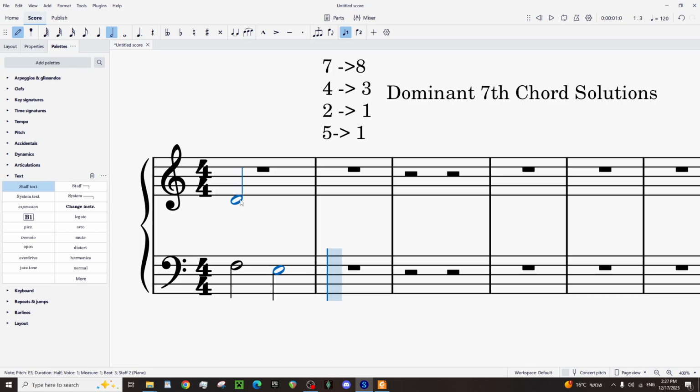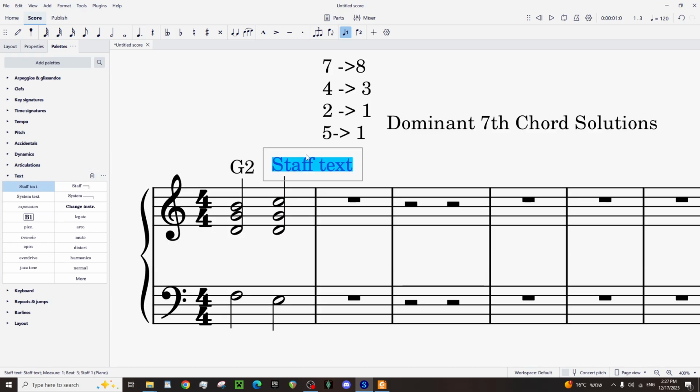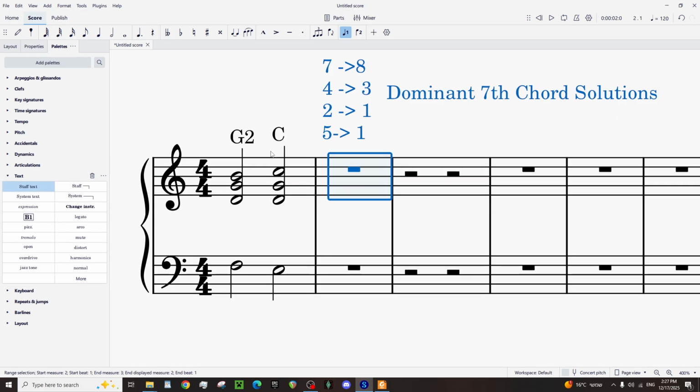You'll see why. Hold on, no. So as you can see, that's a C second and first inversion, and that's a G third inversion.